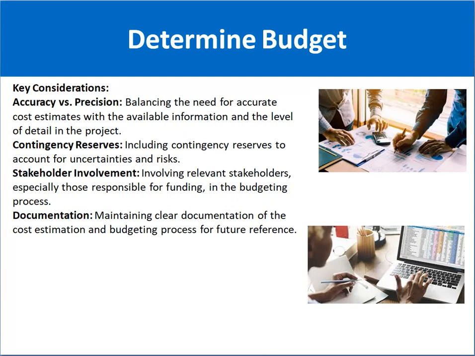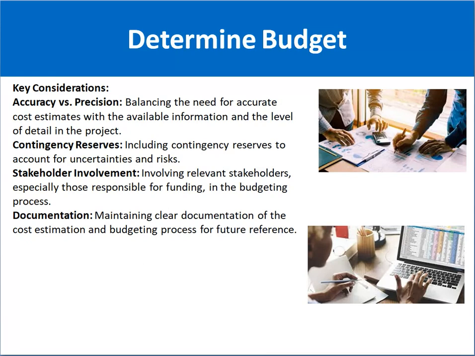There are key considerations involved in determining the budget. The first one is accuracy versus precision. That means balancing the need for accurate cost estimates with the available information and the level of detail in the project. Then contingency reserve. This is basically the additional buffer amount which we must consider for any uncertainties, any unforeseen events.